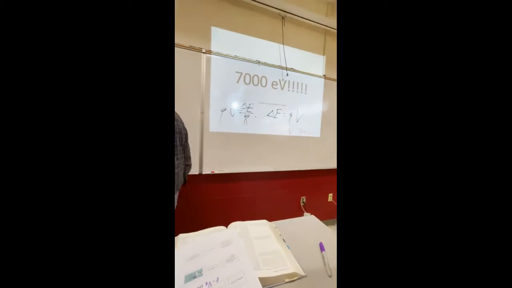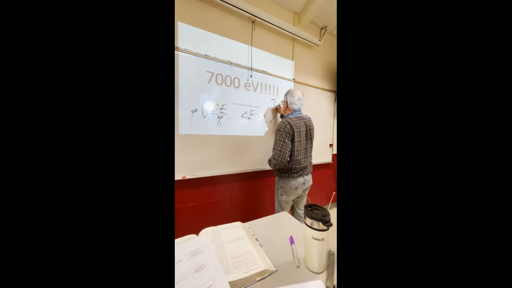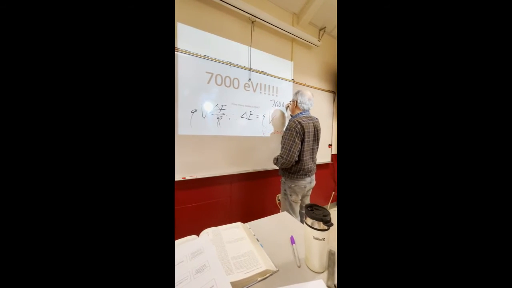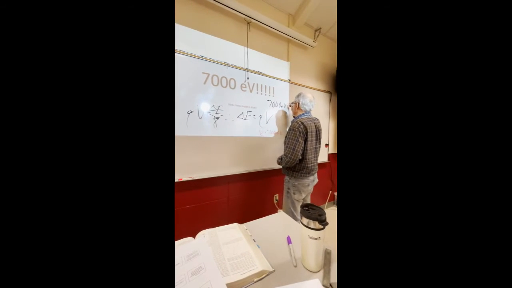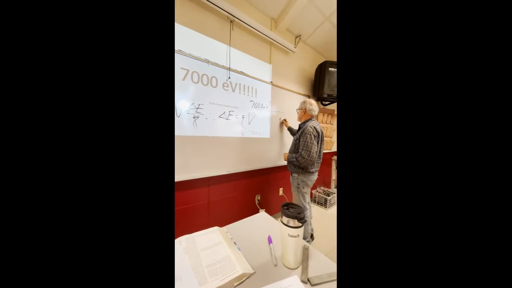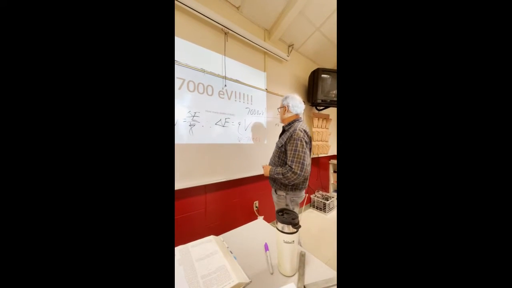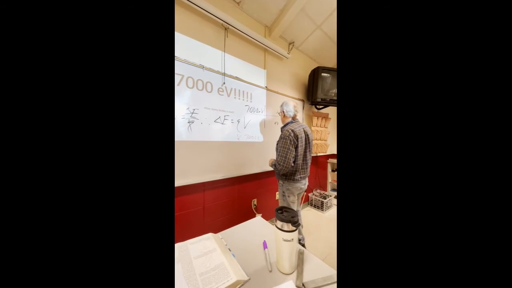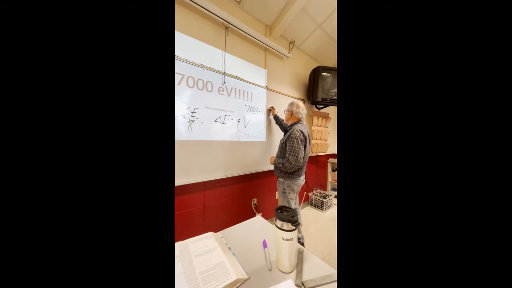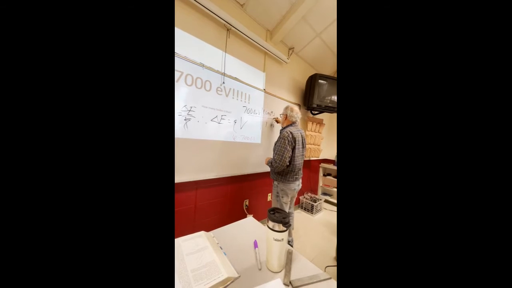What we want to do is we have 7,000 electron volts, and I'll use your meter. We need electron volts and joules on the top. If I remember correctly, 1 electron volt is 1.60 times 10 to the negative 19 joules, right?